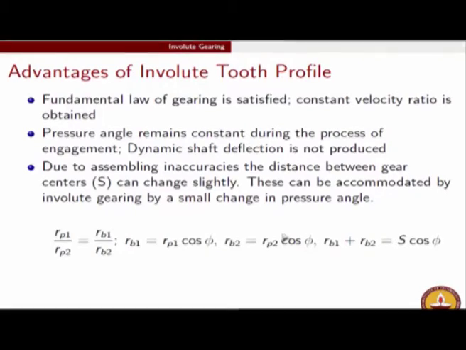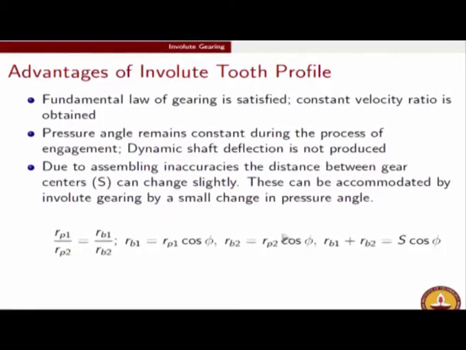In this manual fitting exercise, the worker naturally will be subjecting these two shafts to a little more additional force, and in so doing the center to center distance between the two shafts, the input and the output, will change by maybe a little amount. It so turns out that these assembly related inaccuracies can be accommodated very nicely with the help of involute gearing, simply by a small change of pressure angle. Our gear ratios will remain unaffected. The gear ratio will not change due to such assembly related inaccuracies.